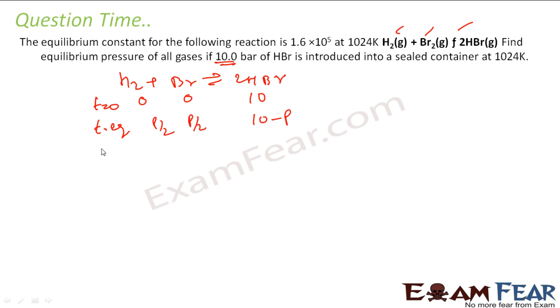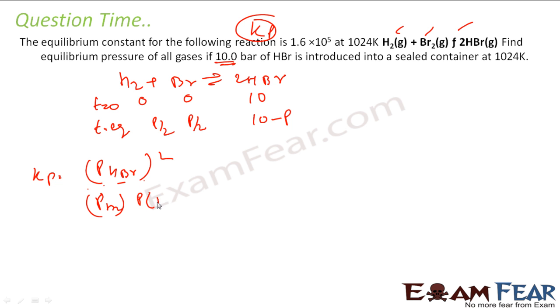The equilibrium constant is known, this is Kp actually. Kp is the pressure of HBr squared divided by pressure of H2 times pressure of Br2. So this is (10 minus P) squared by (P by 2) squared, and this equals 1.6 into 10 to the power 5, as given.